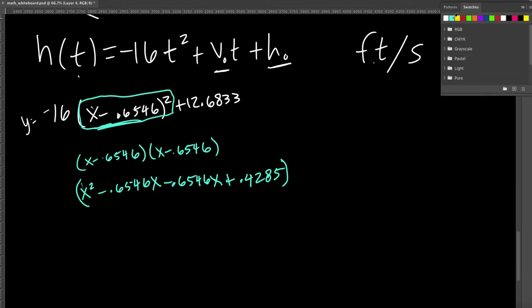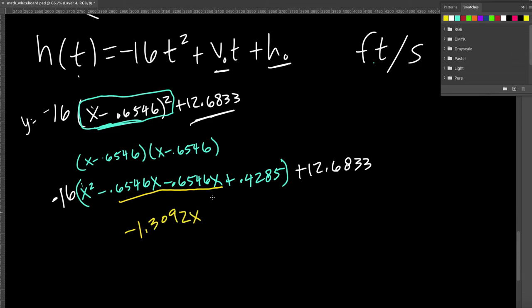Now, I'm going to bring down the other stuff, so I'm going to bring down this, plus 12.6833, and then I'm bringing down the negative 16. Okay, so the next thing I'm going to do, I'm just going to combine those, and if I combine those, I get negative 1.3092x.